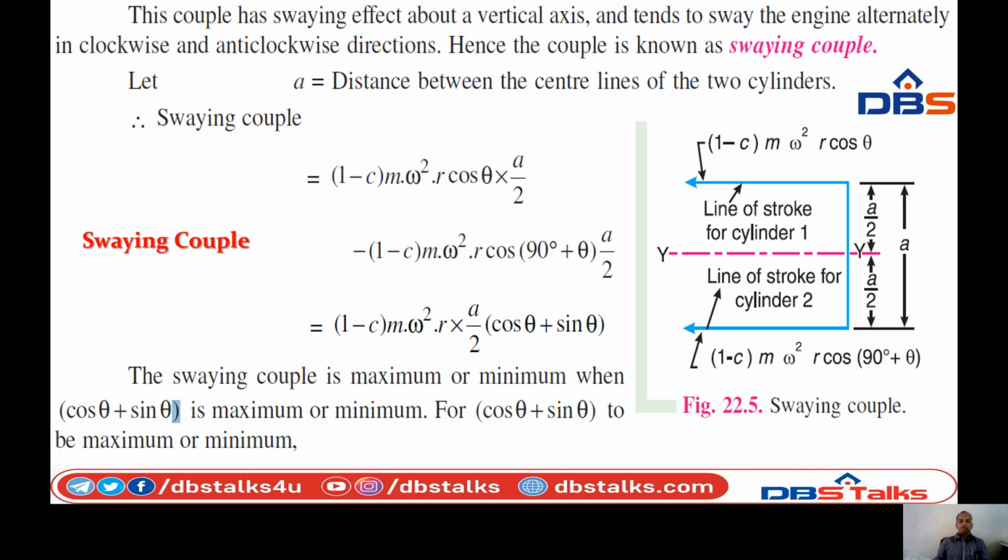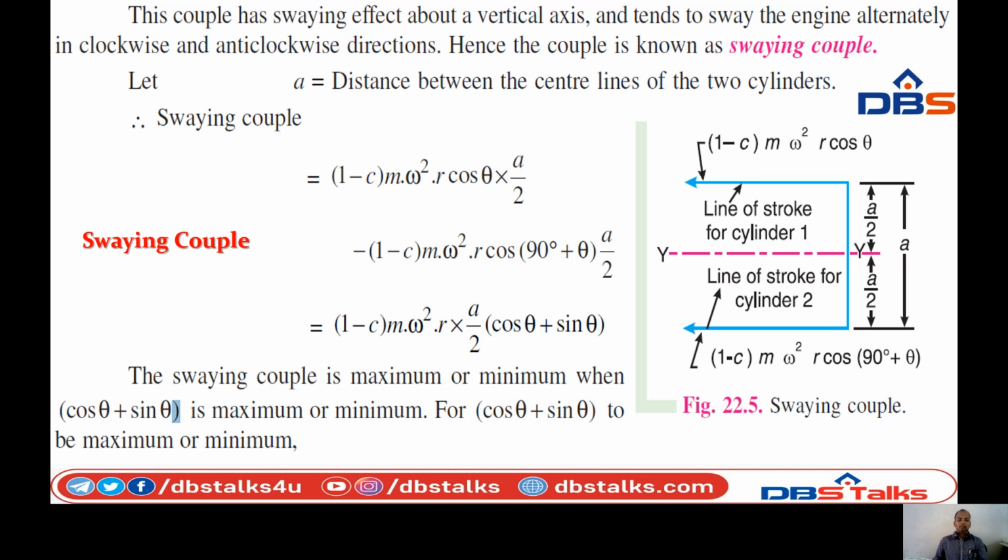Let a be the distance between the central lines of the two cylinders. Here also make a note that XY is the reference line along the line of stroke, and above and below that the two cylinders are placed, separated by a distance a. The swaying couple is given by (1 minus c) m omega square r cos theta into a by 2, since the swaying couple is about the vertical axis, taken from the exact middle.